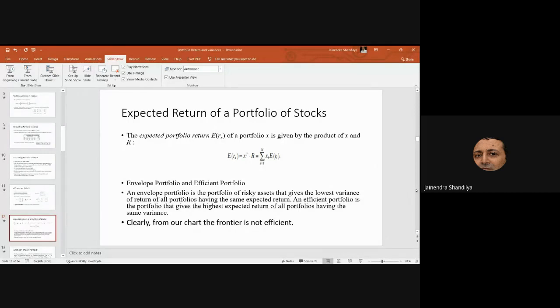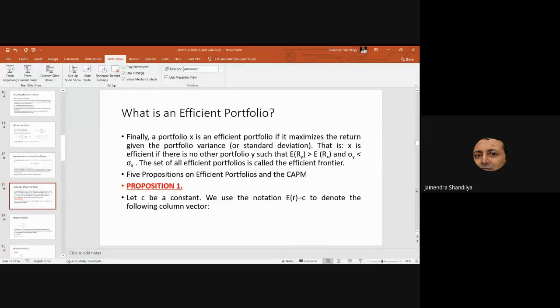As you could see in the chart that we showed you, the frontier is not efficient. Why? Because there is some combination which is giving you better risk and reward, and which is not possible in your frontier. So we reject that.